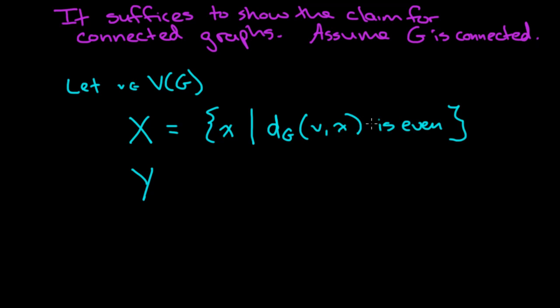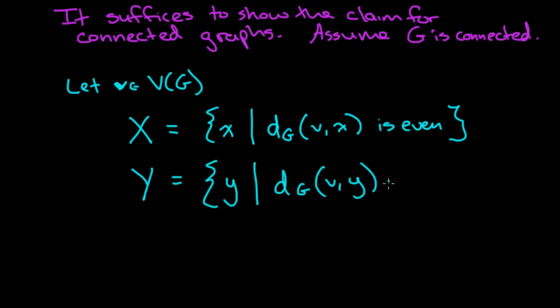So if you take a particular vertex v, and then you go ahead and you find all of its neighbors, those neighbors would have odd distance, and then if you look one further away where they have even distance, you're going to have it belong to the set X. So let's just do this. Y is the set of vertices with odd distance from v. Alright, so now you've split up the vertices.